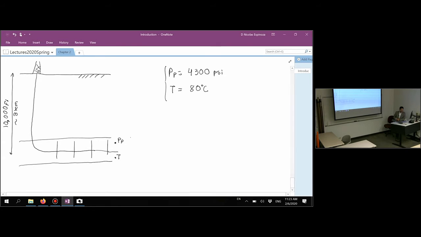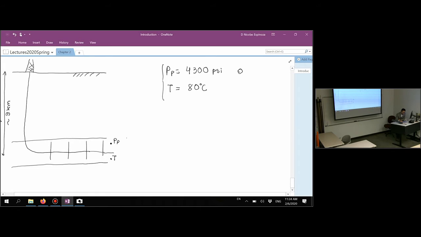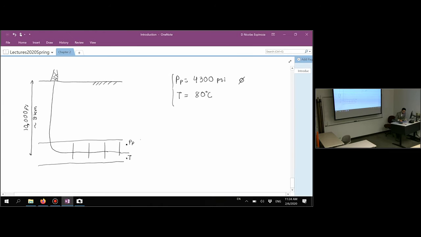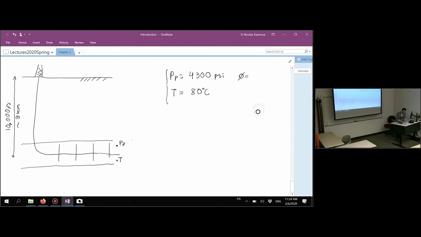I hope that you notice that these values, we just define them with one number. There is no directionality in these values. Pore pressure is just one number, temperature is just one number. I could also, for example, measure the porosity of the rock, and that's going to be just one number, 2.